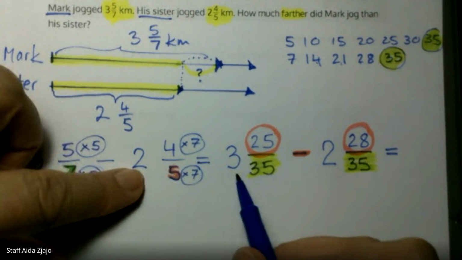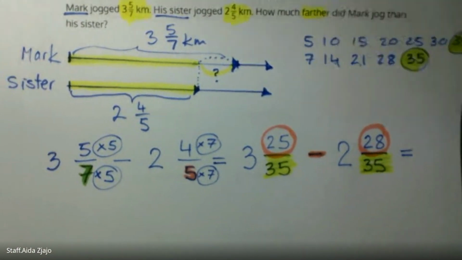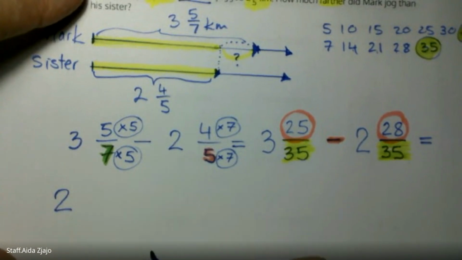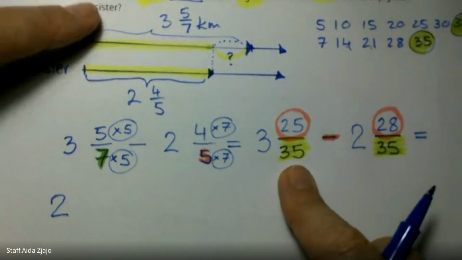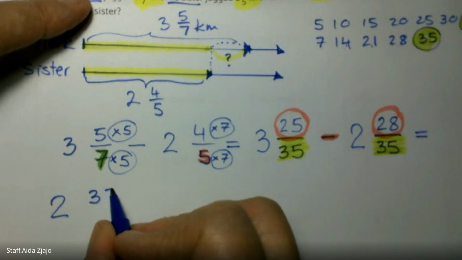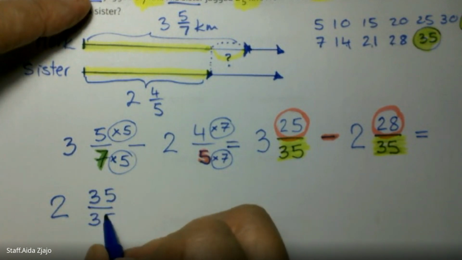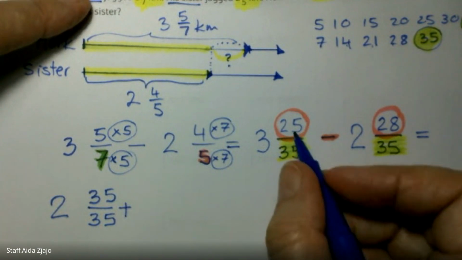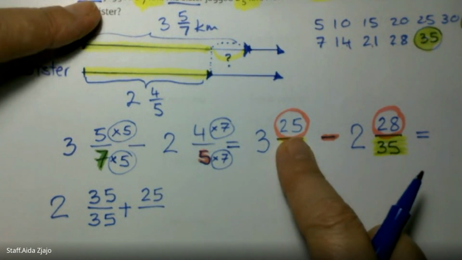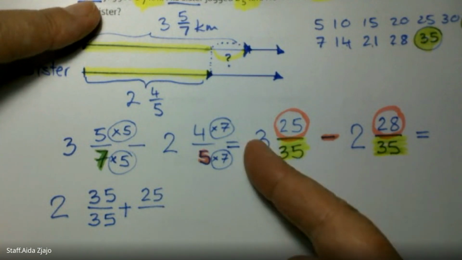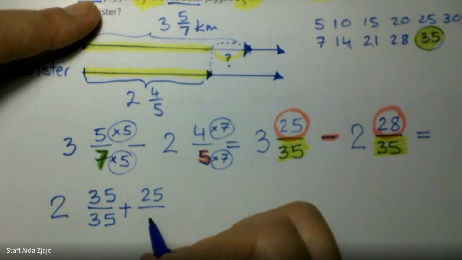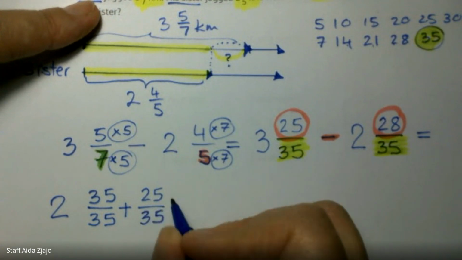So I can take one whole here, and I will have a 2 left. But one whole, in terms of 35ths, gives me 35 35ths plus the 25 that I had before. Because of these 25 pieces, I needed to regroup the whole in order to have more, so I can give 28 away.